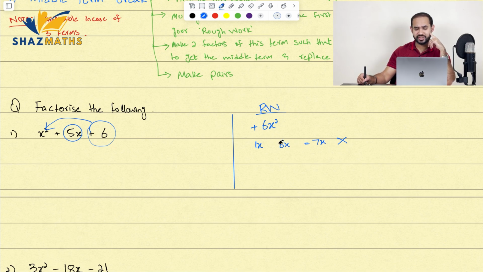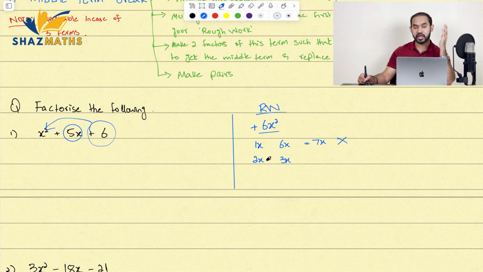So 1 times 6 is 6, 2 times 3 is 6 as well. That means those will be the next two factors. Now let's see if they satisfy the second condition or not. 2x times 3x would definitely result in 6x squared, and if I add these two factors, I will get 5x. So that means these should be the factors.